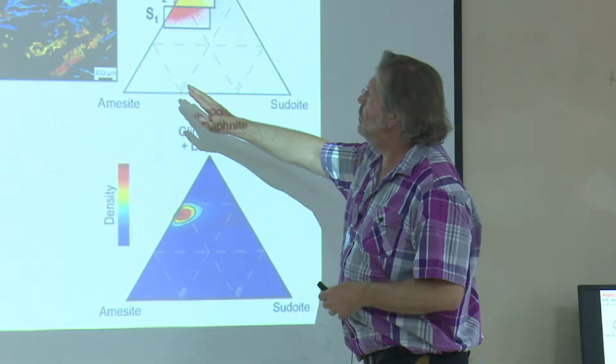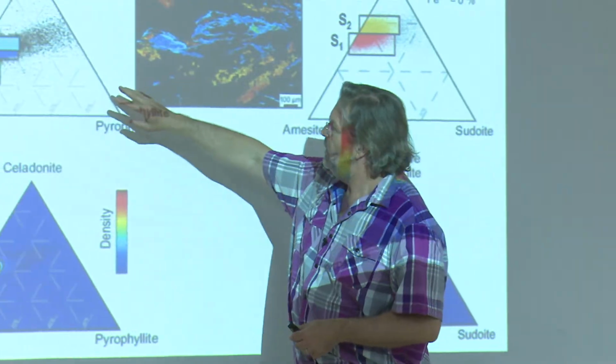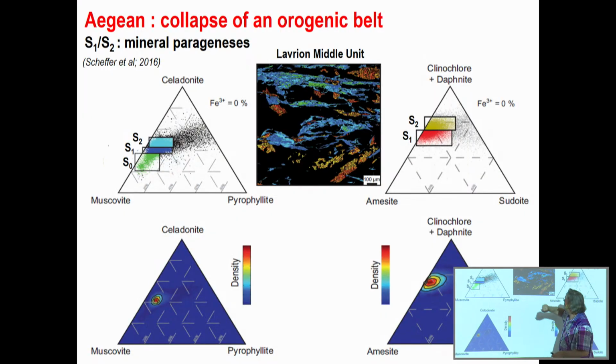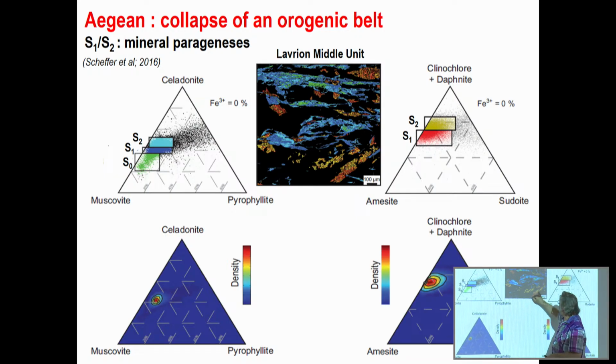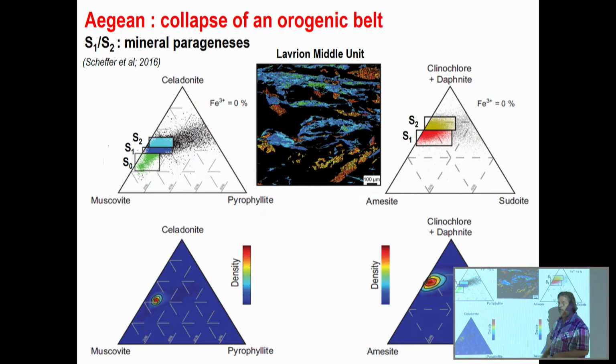Here it only shows the white micas, and these are the chlorite. So I have one grain here, and see, boom, boom, boom. Every spot is an analytical spot.